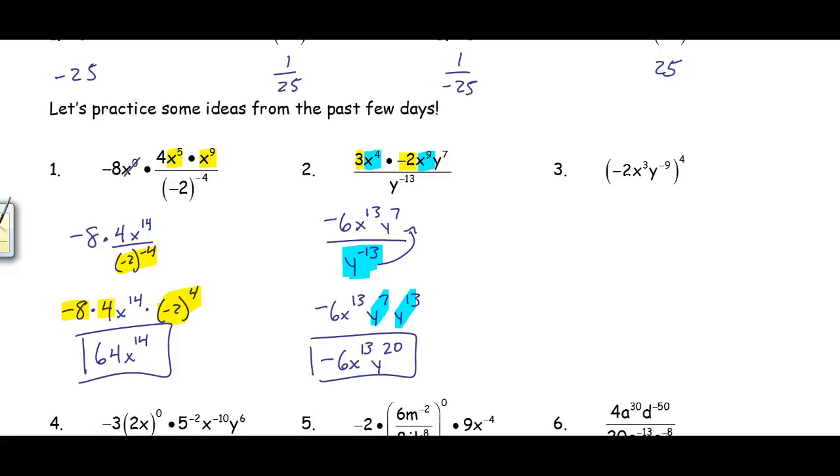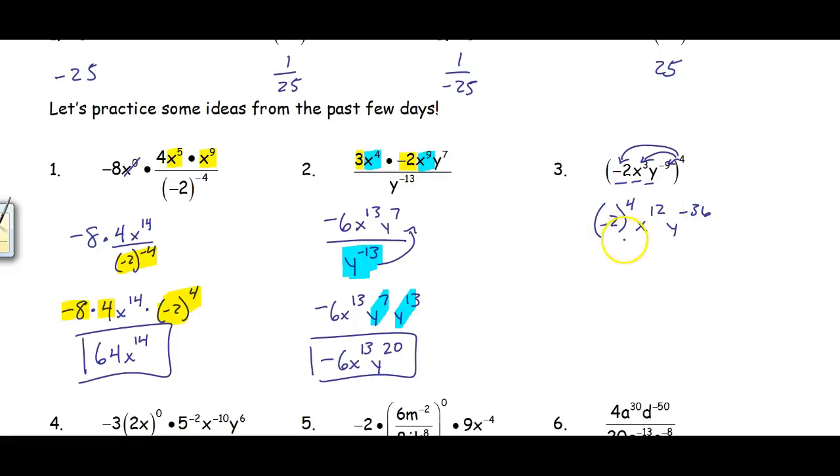All right, number 3, remember we talked about this day 2. Okay, you got to distribute that -4 to every term on the inside. So here we have -2x and y. Okay, make sure you keep this -2 in parentheses. This is going to change the outcome a little bit. So x to the 12th, 3 times 4, and then y is -9 to the 4th, -36.